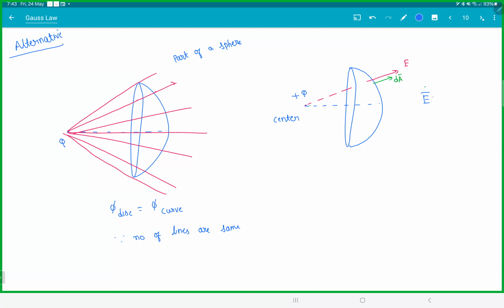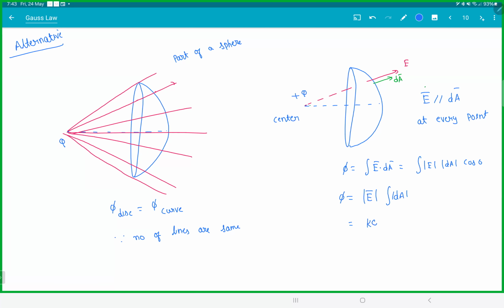So E bar is parallel to dA bar at every point, because both are passing through the normal. Therefore, the flux will be integral E bar dot dA. This becomes integral mod E mod dA cos 0. The magnitude of E comes out, and this will be integral dA.